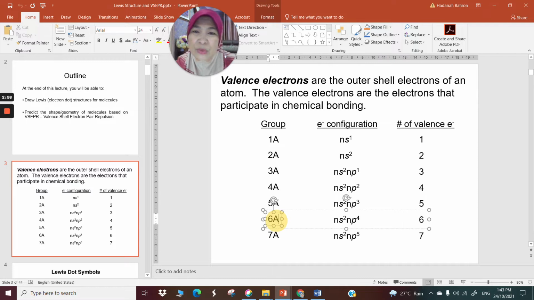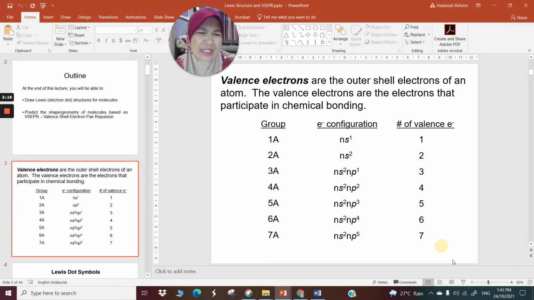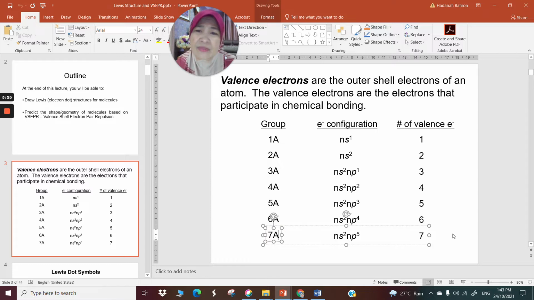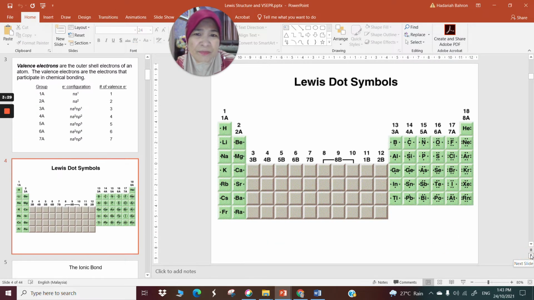Group 6A, you have 6 electrons in the outer shell with s2p4, whereas group 7, which are the halogens, is s2p5, giving you 7 valence electrons. So it's really very easy to remember. Those elements in group 1 will have 1, and so forth, until group 7, you have 7 valence electrons. So that's pretty easy to remember.